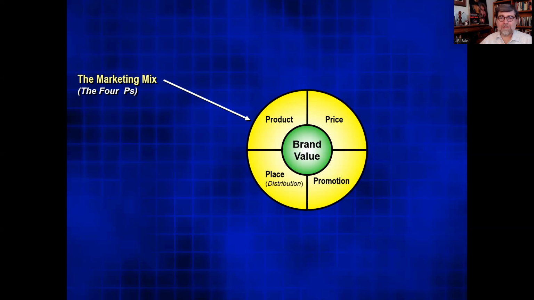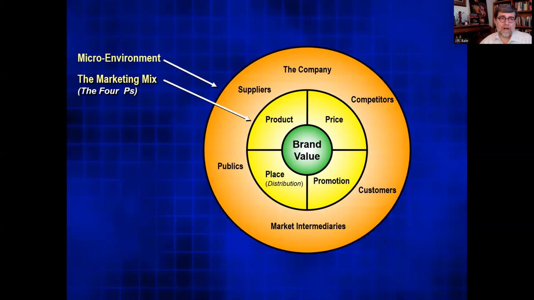However, the marketing mix is not all of what we have to deal with. We have to survive and market within certain environments. The first layer of that environment is the micro environment. And these are things which we don't control, but have some influence over, such as the company, specifically the type of company it is, what its culture is, what its core mission is.